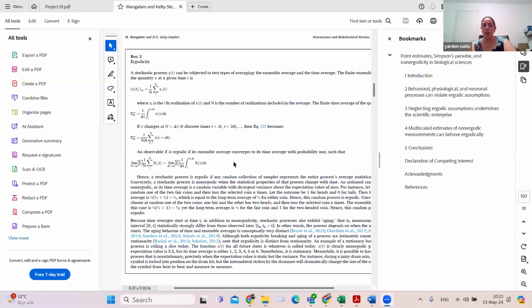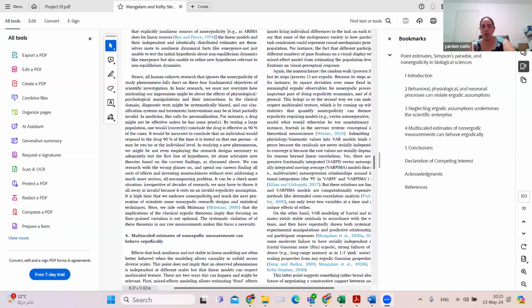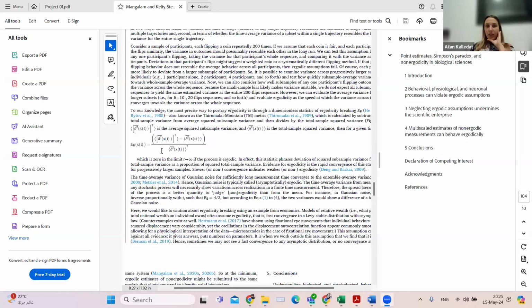So I'll share the screen. We were talking a bit today about this formula. Are you talking about the ergodicity break? No, the one in box 4. Right. I think it's the ergodicity break.